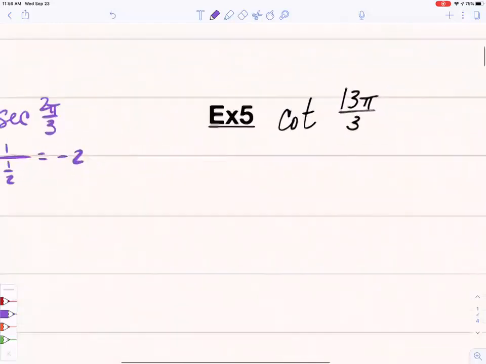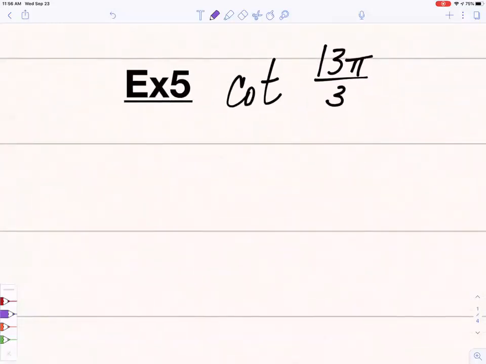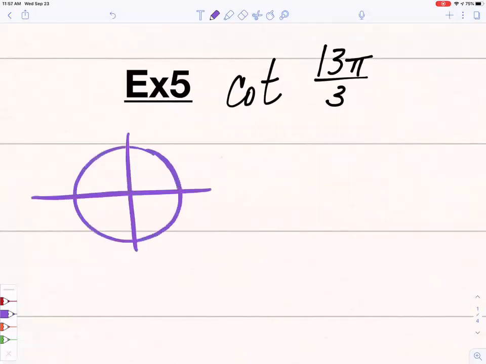All right, what about number 5? You've got your unit circle in front of you. Okay, where would you find 13 pi over 3? Coterminal to what?